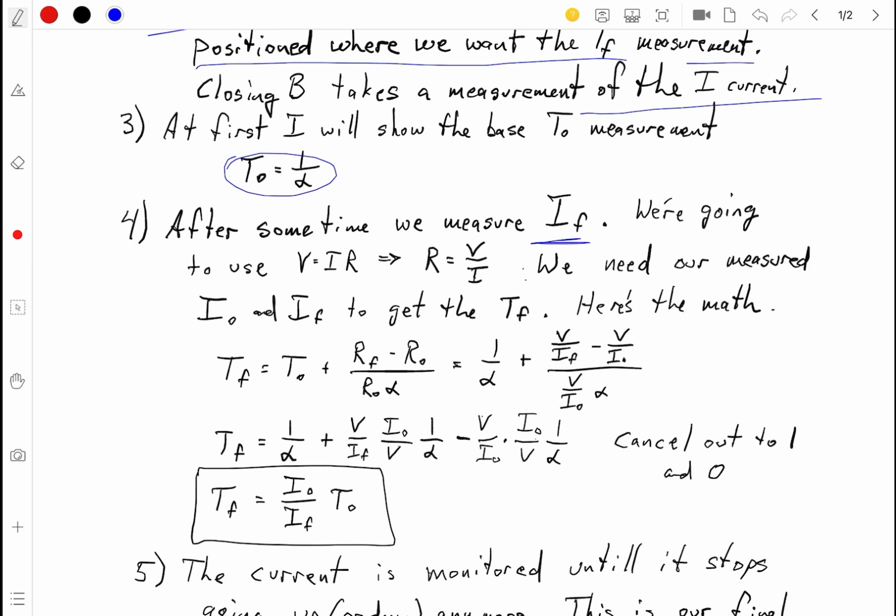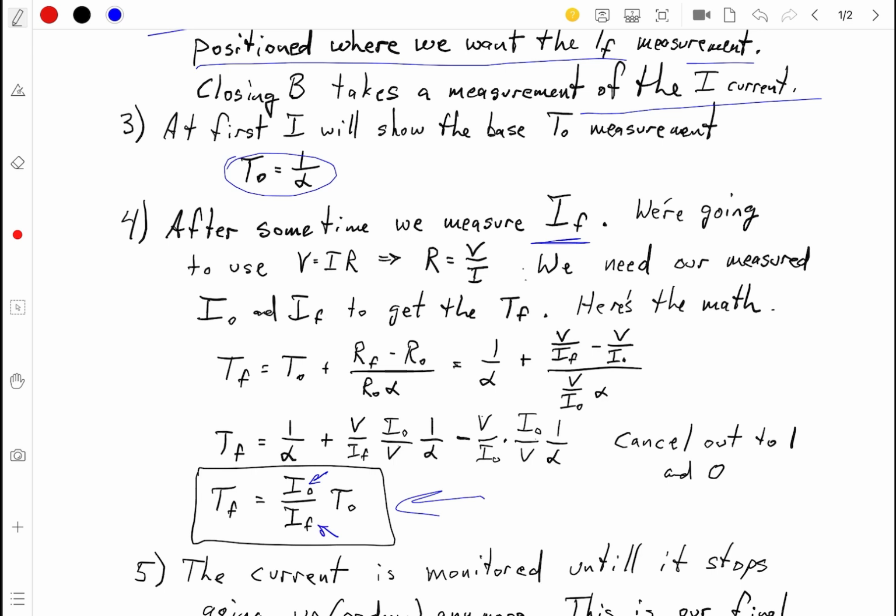So we're going to go back to that equation I had circled earlier, and we're going to actually solve it. Again, a little bit more algebra, and we end up with this equation, which is really nice. We know what the current is initially, and we're measuring the final current.